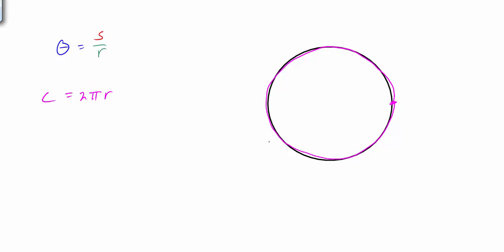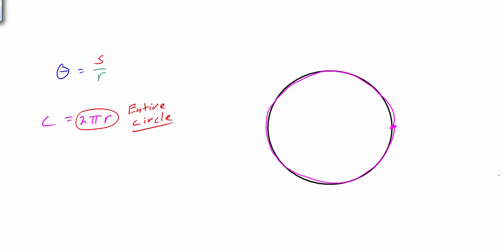Well, if we think of this in terms of up here, this is kind of like the arc length, but when we think of 2 pi r, this is the arc length for the entire circle.